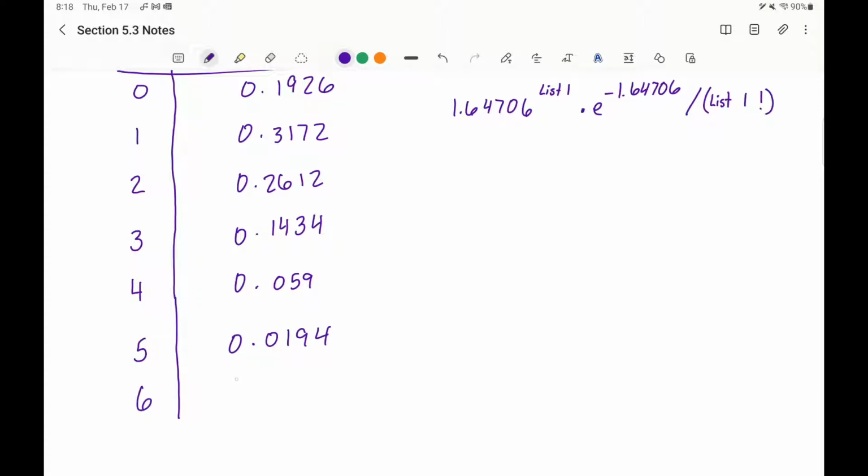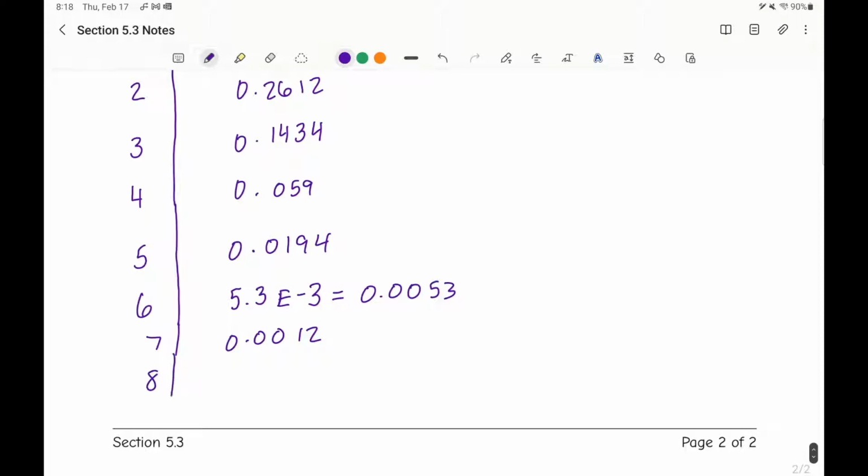Now on my calculator, it's going to be different per calculator, but it says this for the next one. Remember, this is the same thing as 0.0053. Now my next one is 0.0012. 0.0003, and then 9 becomes 0.00005.